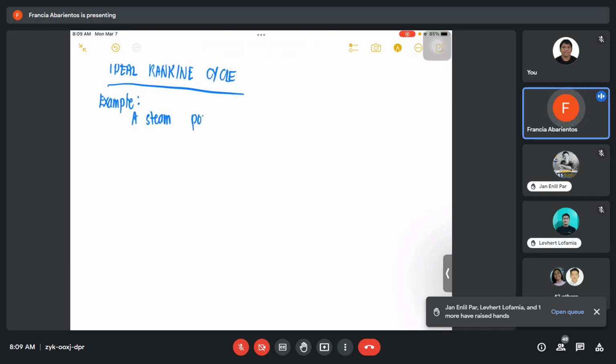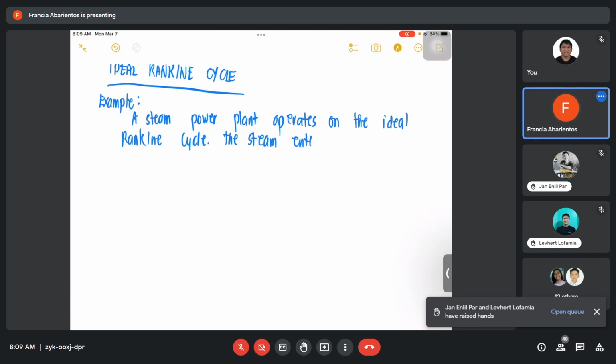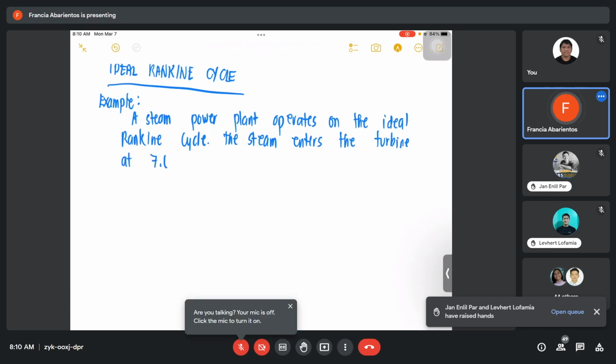So a steam power plant operates on the ideal Rankine cycle. The steam enters the turbine at 7 megapascal and 550 degrees Celsius.